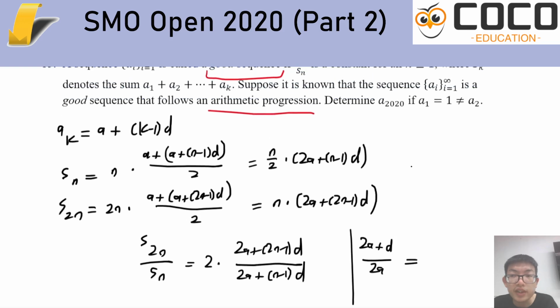actually I'm a bit blind, right? I just realized that I forgot a1 is 1. That's great. Let's change all the a's to 1s then.